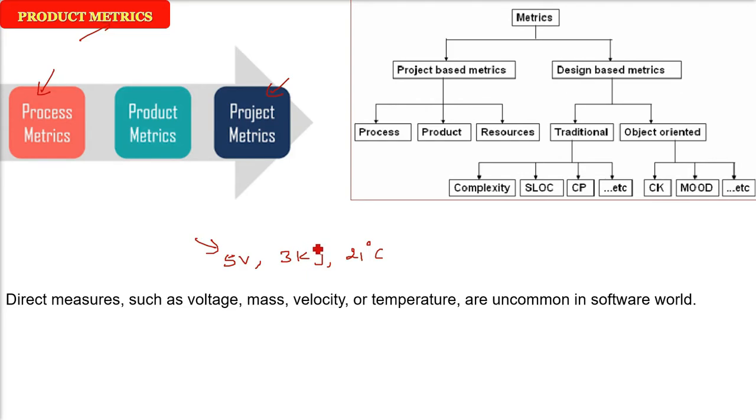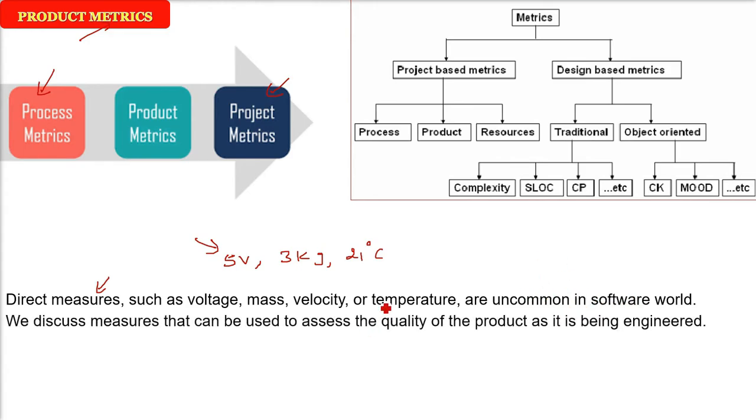But the problem in the software world is that it is still evolving, and previously we were making conventional software, then object oriented, now web apps, and now mobile apps. So things are changing so fast. Direct measures are quite uncommon in the software world, but still we need to measure.